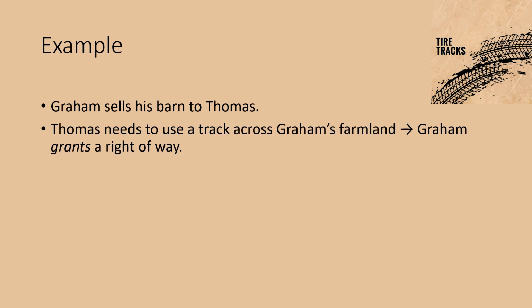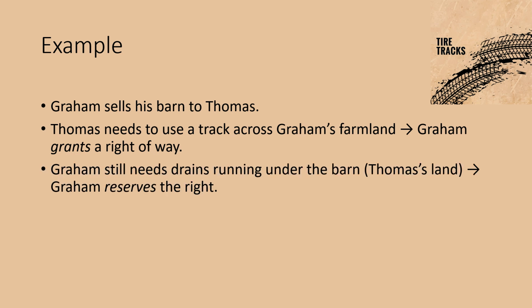This is only a small part of Graham's land, and it's not really accessible from the main road or anything, so Thomas needs to use a track across Graham's farmland, so the land that Graham is still retaining for himself. And this right of way would clearly be an easement.